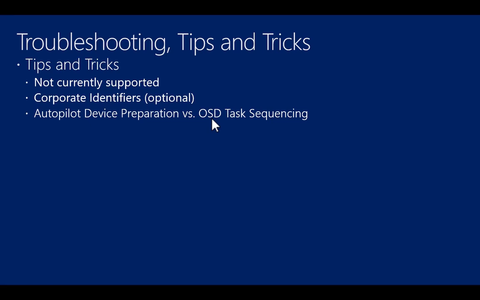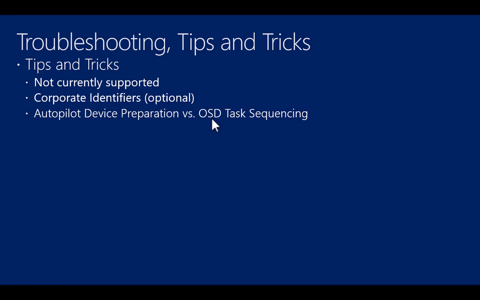Don't know what's going to happen with those, if we will include those at some point. It's up to the product team. The other things, let's see, the ability to associate a device with a tenant, that's not supported.